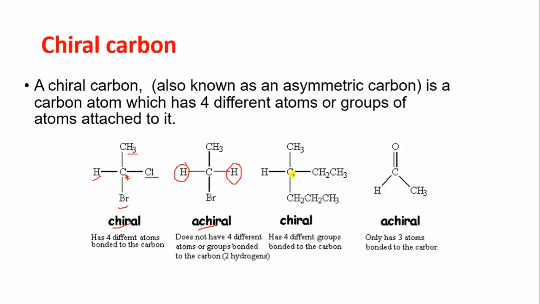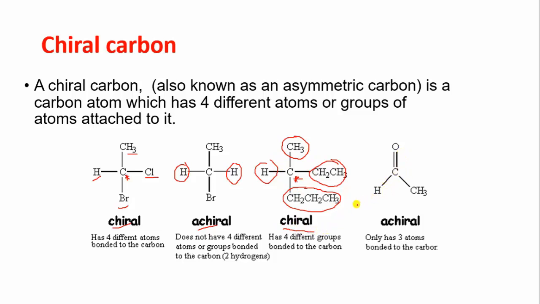In this example, this carbon is a chiral carbon, noted by an asterisk sign. It has a hydrogen, ethyl, propyl and methyl group. This carbon has four different atoms and groups, so it is a chiral carbon.